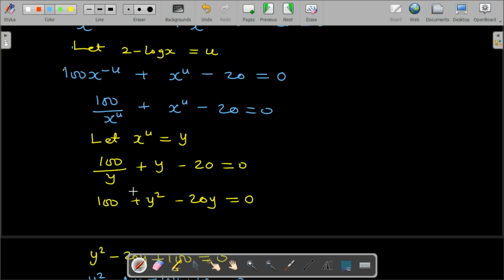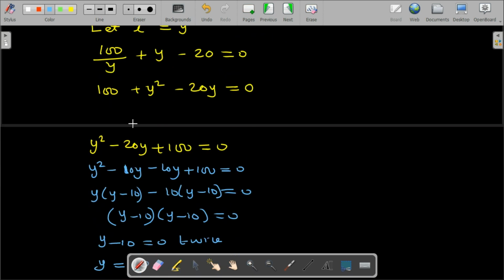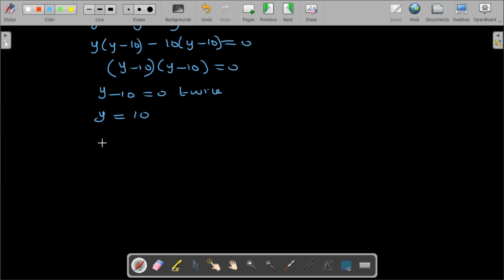Now, having gotten y to be 10, we go back to our assumption. We see that x raised to power u is now 10. In order to get u, we take the logarithm of both sides, assuming base 10. That is, the logarithm of x raised to power u equals the logarithm of 10.